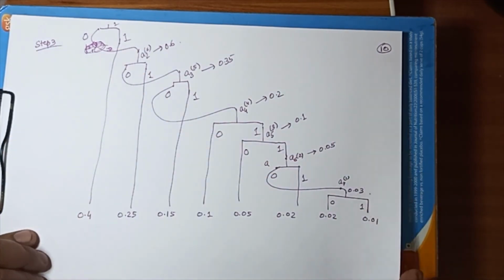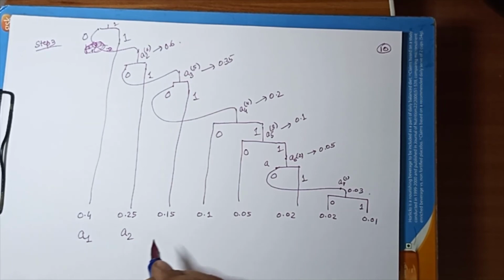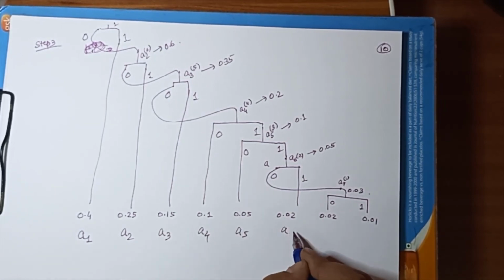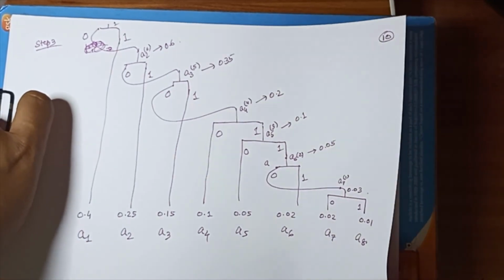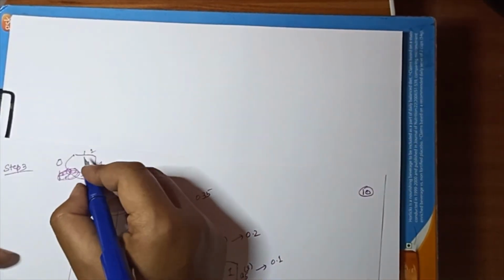Now from here, if I write down the code assignment for the original symbols, this is A1, A2, A3, A4, A5, A6, A7 and A8. I can actually write down the tree in a better way now, starting from this root here.